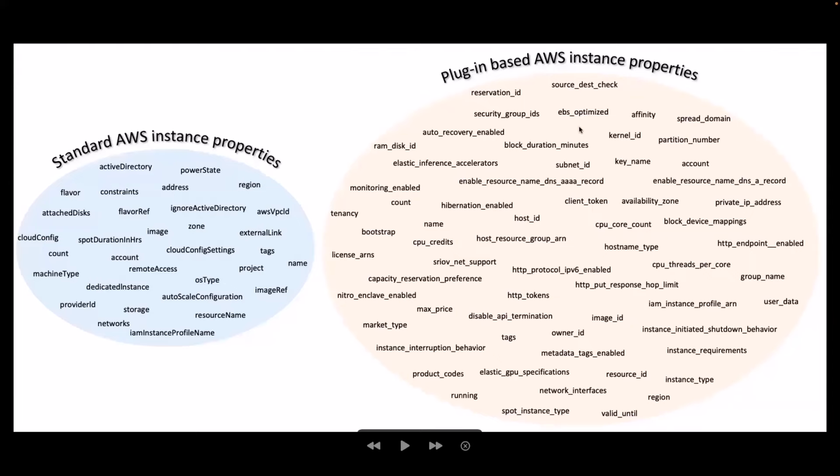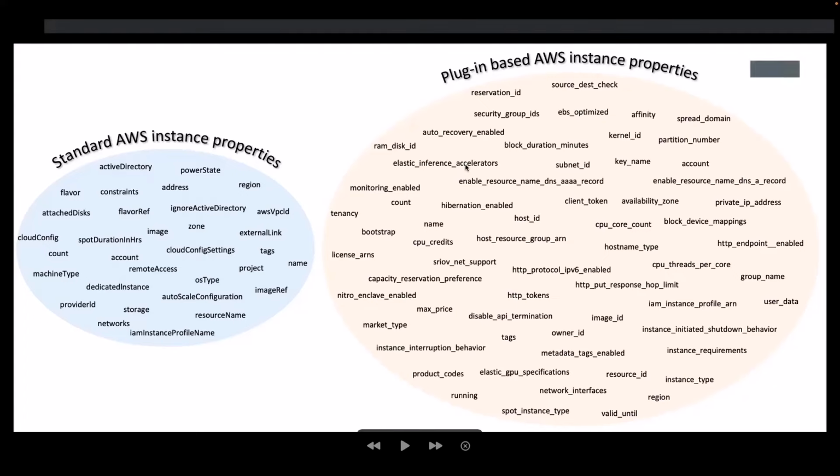Or you can enable your instance for hibernation. Or if you have deep learning inference workloads, you can accelerate them by attaching elastic inference accelerators to your instances. So if AWS offers something specific that is very useful for your use cases, the new plugin-based resources should allow you to use it. Okay, let's create our cloud template.